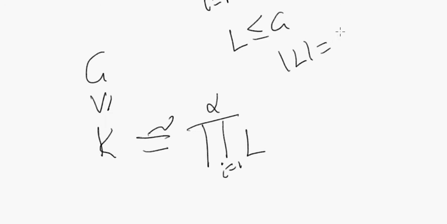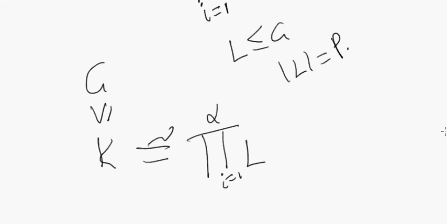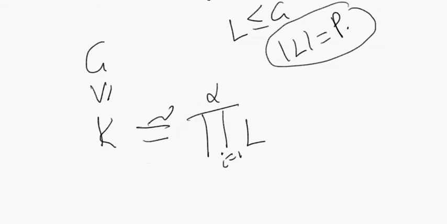Another way of thinking about this is, if we can guarantee that there is some subgroup L of G whose order is p, can we then show that the product L cross L cross L, alpha times, is actually isomorphic to some subgroup of G?